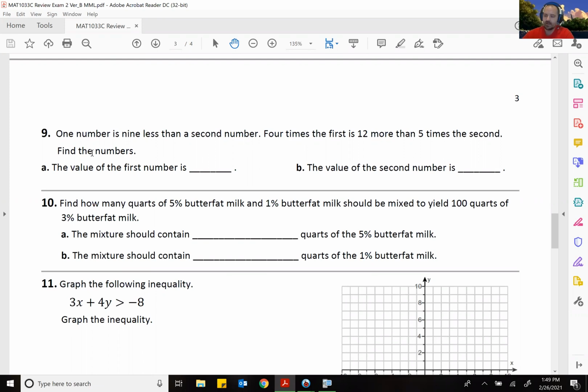So what kind of word problem is this? Is this a translation or is this standard form? Standard form. Are you sure? I think so because it's giving you two separate equations. Well, if it's giving you two separate equations, what do you notice about all these words? Do you see mathematical terminology in here?